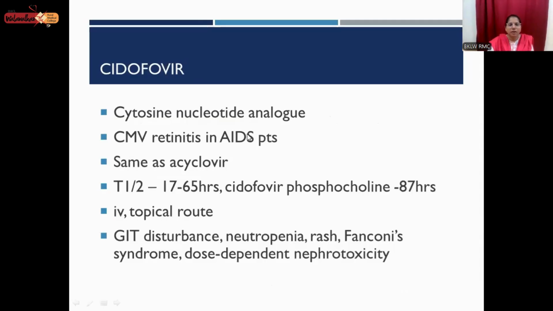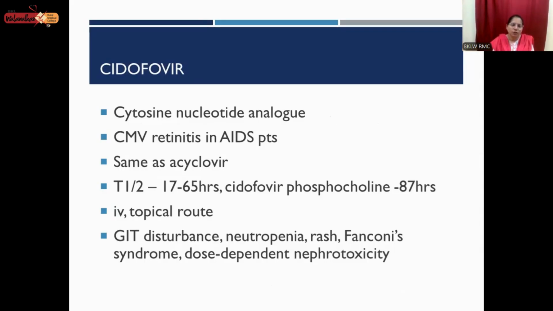So that's about acyclovir. Next drug is cidofovir. Cidofovir is derived from cytosine nucleotide, so its mechanism of action is the same as acyclovir. It is mainly used for AIDS patients suffering with CMV, that is cytomegalovirus retinitis.